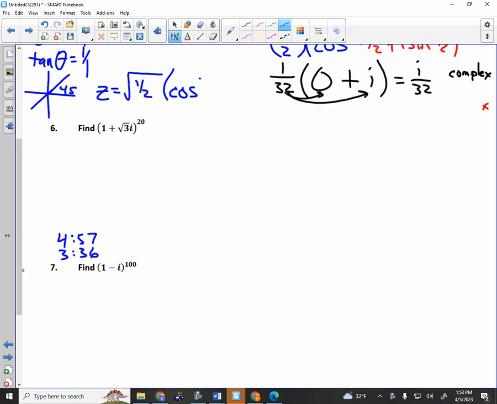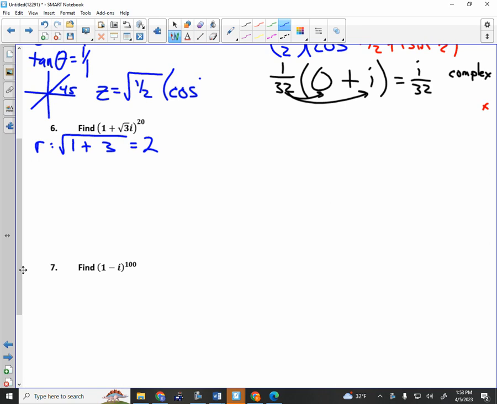We start with this one to the 20th power. Where do I start? R. Square root of 1 plus square root of 3. 1 plus 3, which is 2.